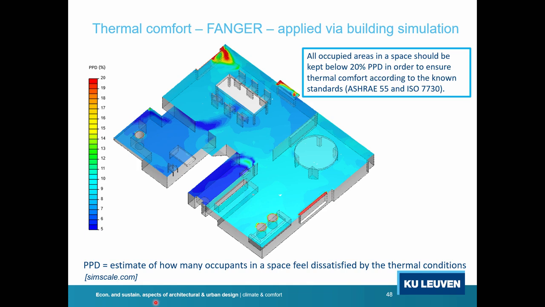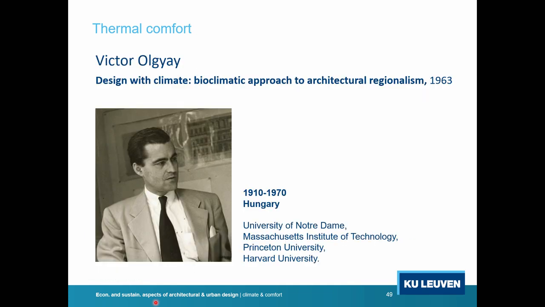Now, to do this kind of analysis, you really need a lot of calculations, and you need software packages that allow you to do that. You need detailed information of your building, which goes beyond what we can do within this course, because we have limited time. So therefore, we will use another means to assess our comfort, and it's the thermal comfort assessment of Victor Olgyay.